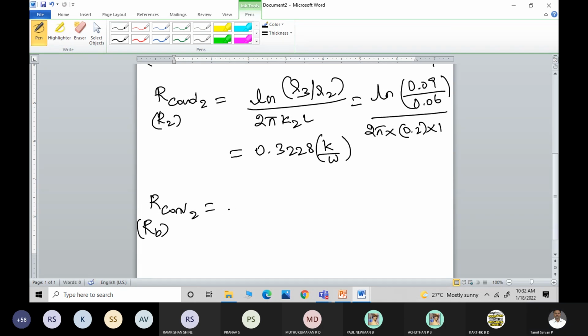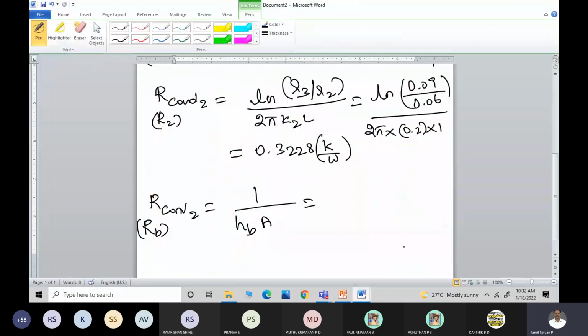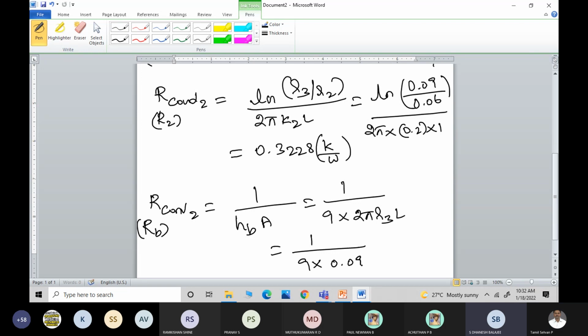Convective 2 is again 1 by HB into A. So 1 by HB. What is the convective heat transfer coefficient outside? It is lesser, 9. Okay, so 1 by 9 into 2 pi R3, the final radius. 9 centimeter, right? Yes, sir. 0.09, into 1. How much is it? 0.1965, sir.